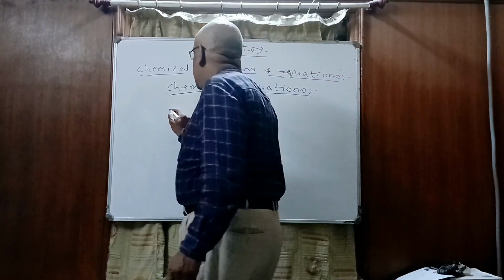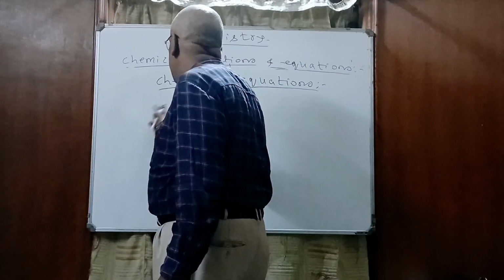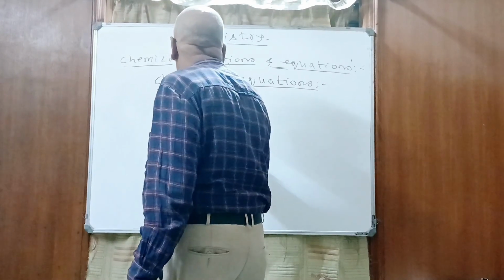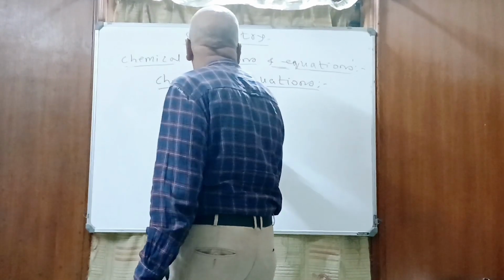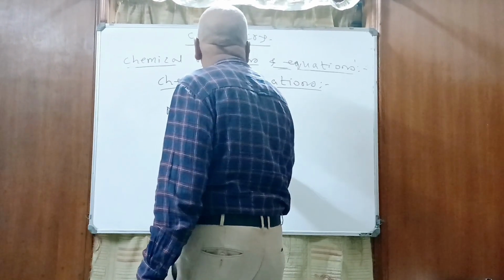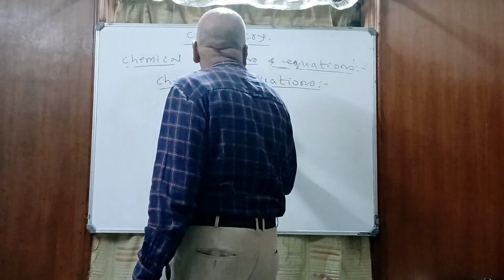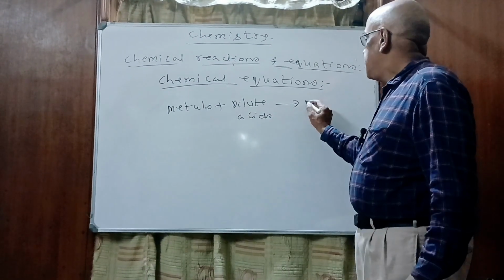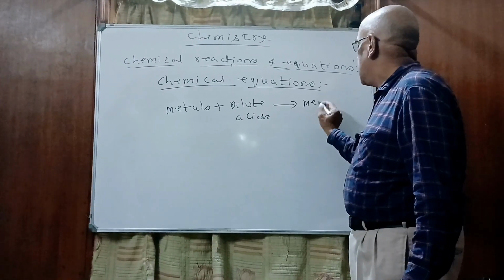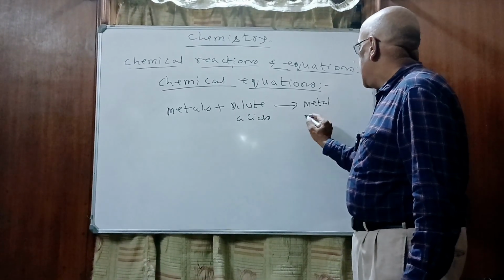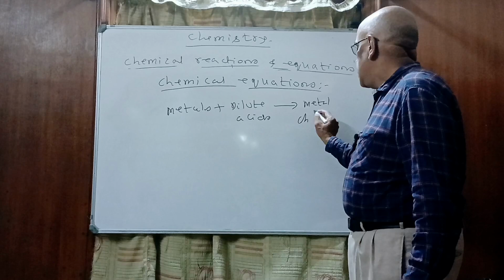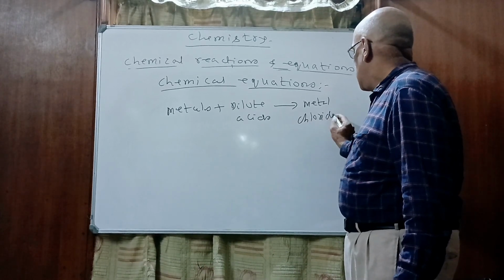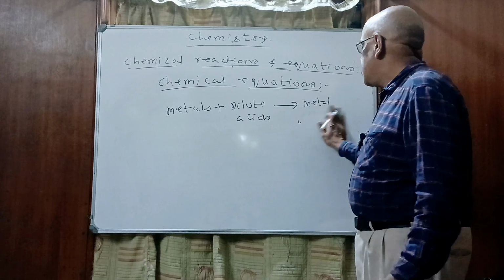Whenever metals react with dilute acids, what do you get, children? Metal chlorides, metallic salt, it can say.